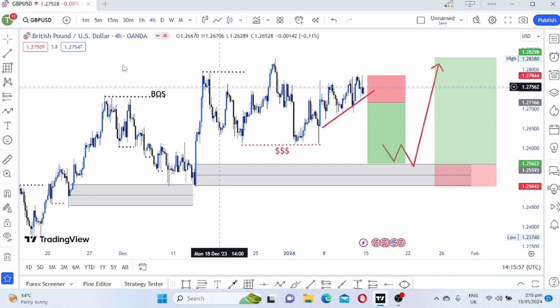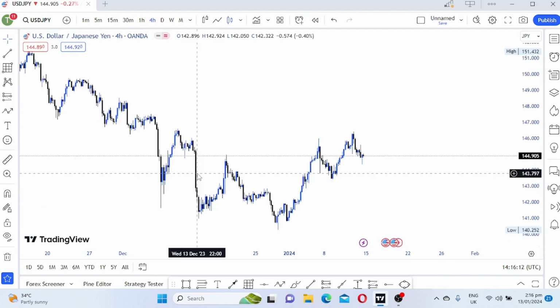Now let's look at USD JPY. Okay, now looking at USD JPY, as you can see, we now have a change of character here. So the market has shifted from making lower lows to making higher highs and higher lows, as you can see here.